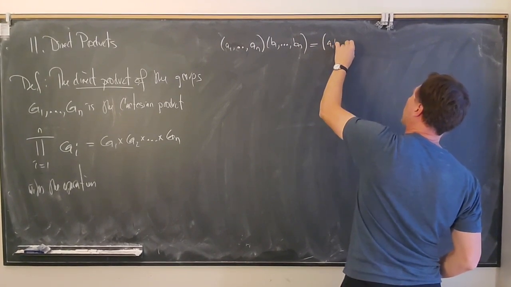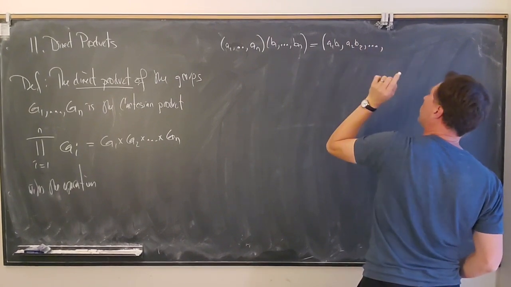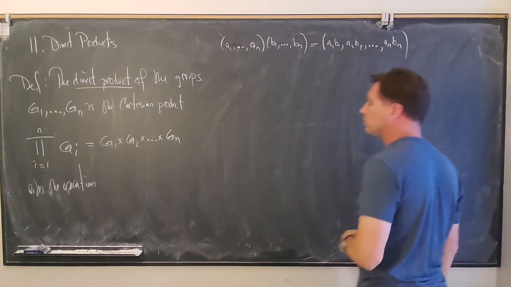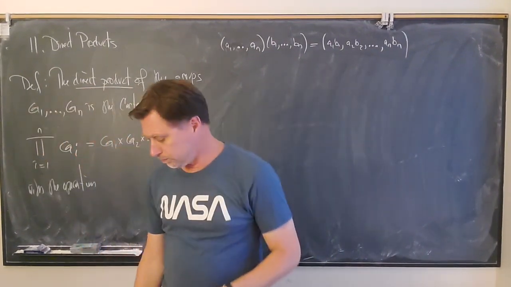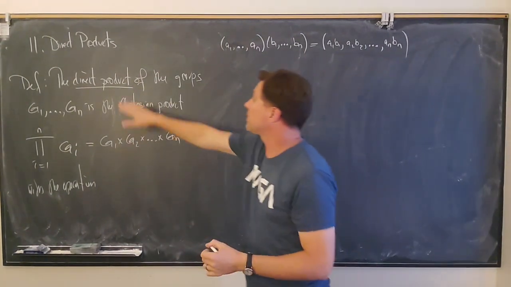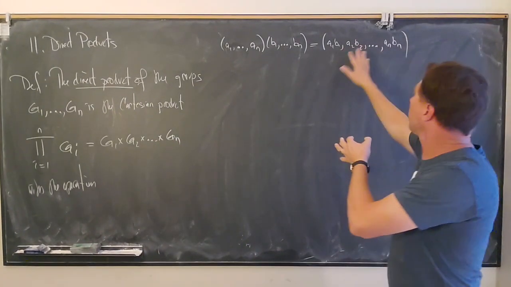In the second entry, we'll have a2 b2, and then we'll get down to an bn. Okay, so we've got this thing called the direct product. As a set, it's the Cartesian product. We've given it an operation.